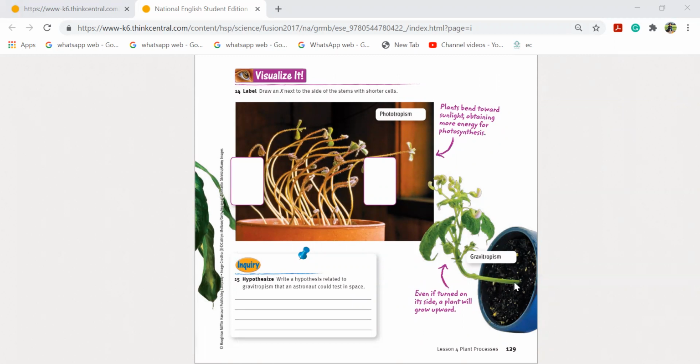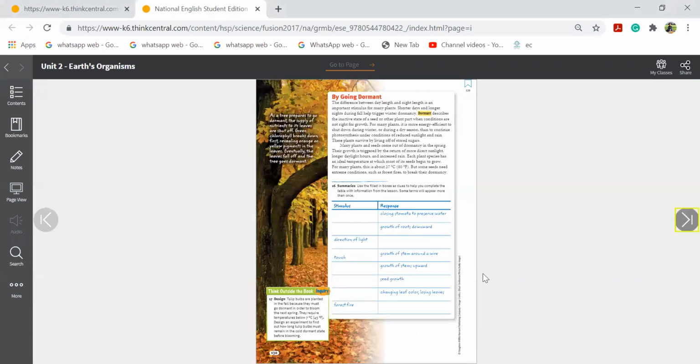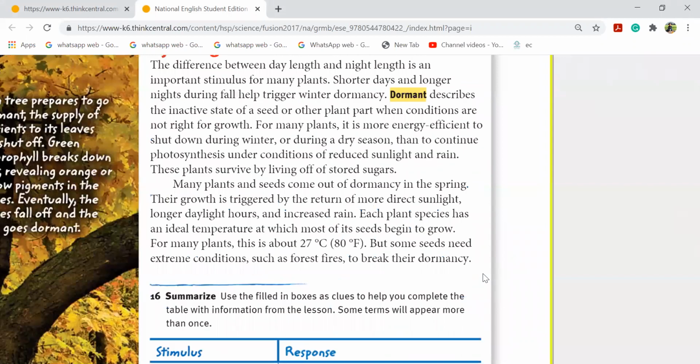If you turn the vase of the plant, the plant will automatically turn and grow upward. SubhanAllah, Allah's creation. So this is gravitropism, because of gravity. So the plant grows up because of gravity? Yes.